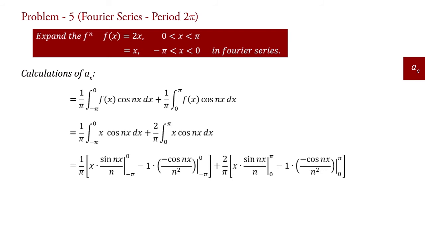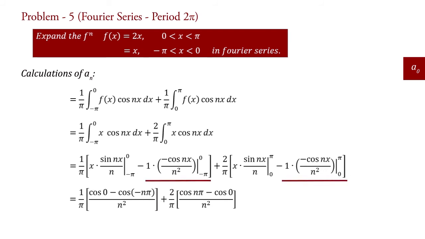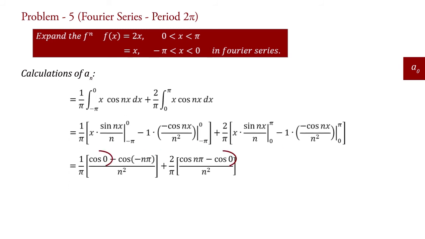Putting the values of limit in remaining terms, we get an equal to 1 upon pi into bracket cos 0 minus cos of minus n pi upon n square plus 2 upon pi into bracket cos n pi minus cos 0 upon n square. Cos 0 equal to 1 and cos of minus n pi equal to cos n pi.